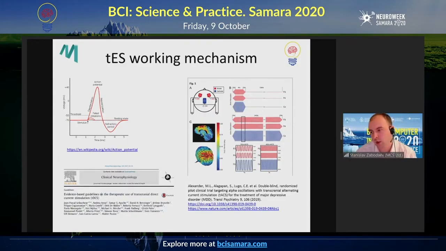In other words, if we need to excite a certain area of the brain, we do an anodal stimulation, and vice versa. If you need to inhibit a certain portion of the brain, we introduce a cathode there and do the same.